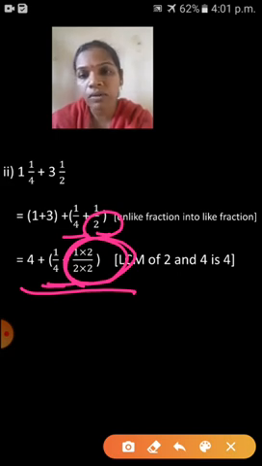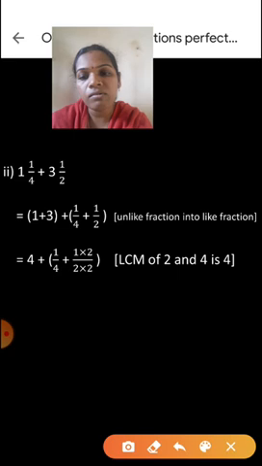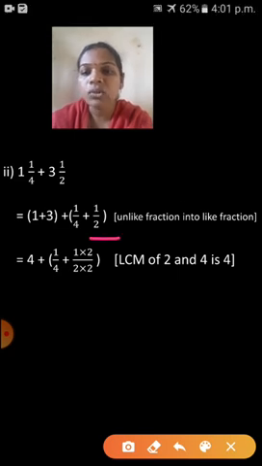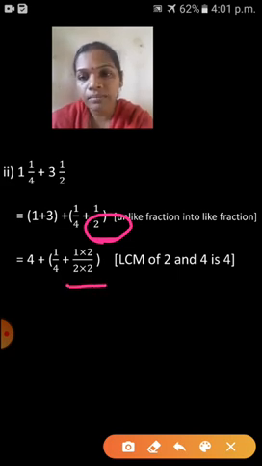Then only our value will not change. Understood, children? So we want 4 as the denominator, so you have to multiply this denominator 2 with 2, and at the same time we also have to multiply the numerator with 2.